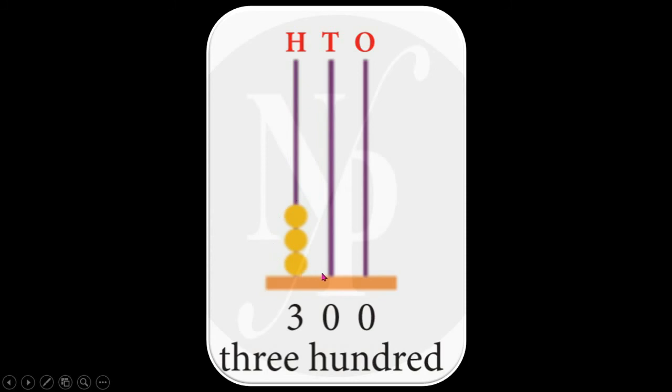So this represents 300 on an abacus. Using numbers, we will write it as 300, and the number name is THREE HUNDRED. This is the number name, or number in words.